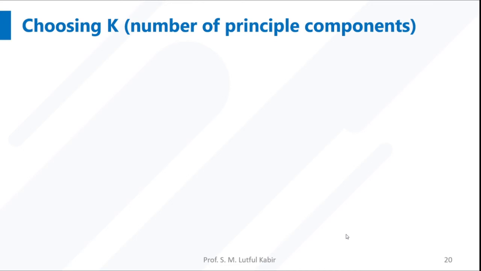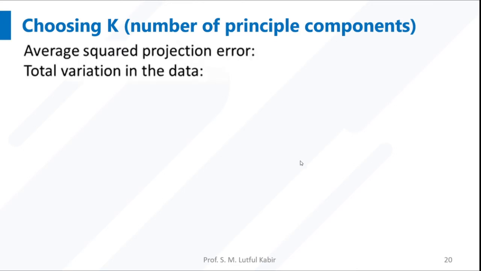And how to determine k, whether k should be 2, k should be 3, etc. So the steps that we have to follow in determining the value of k are to find out two values of the expression. One expression is called the average squared projection error, and the other is the total variation in the data.